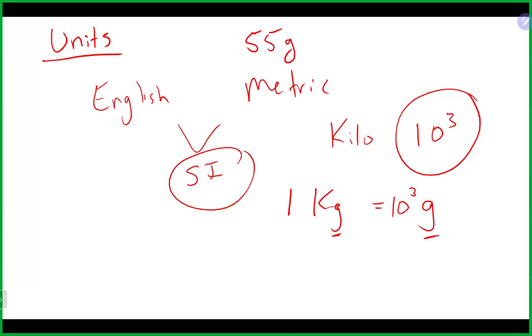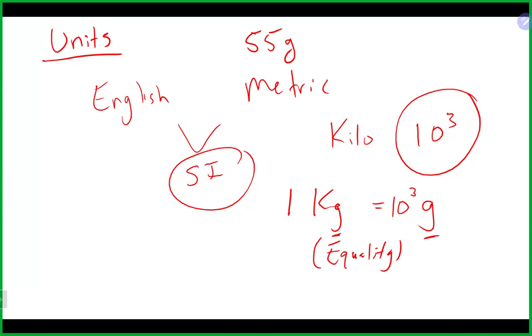We'll talk more about it in this chapter, but as a reminder, as we touched upon as a preview, this is what is referred to as an equality. An equality is basically two values that represent the same amount of something, but in different units. So 1 kilogram and 1,000 grams represent the same mass. They're just in different units.